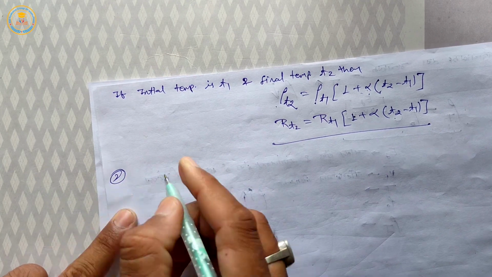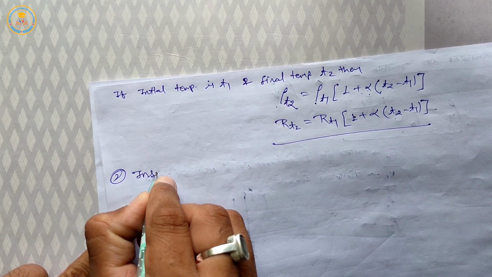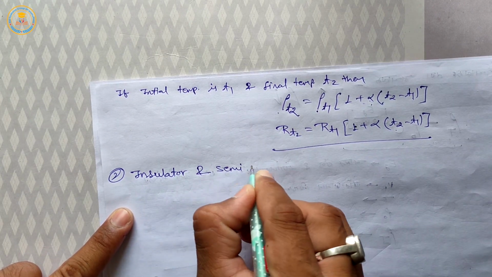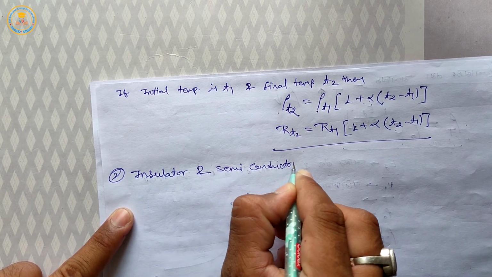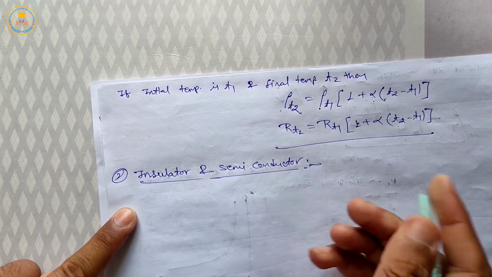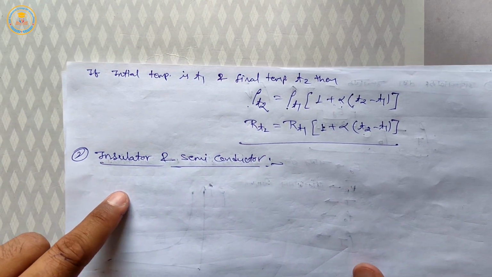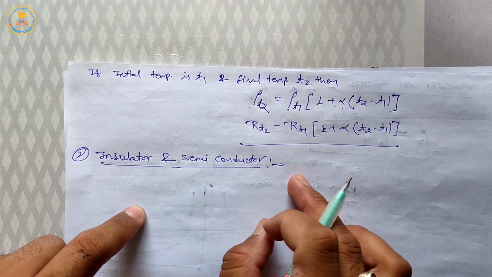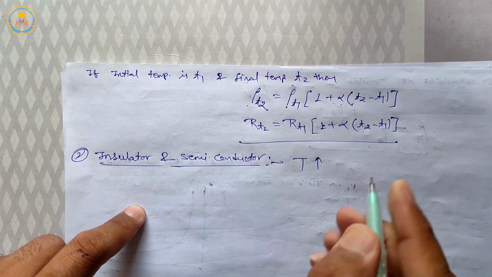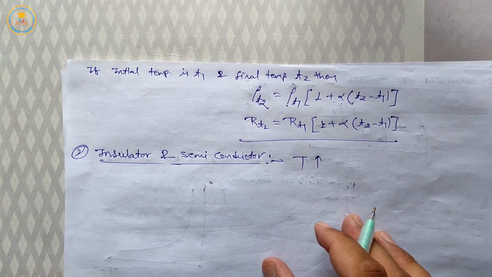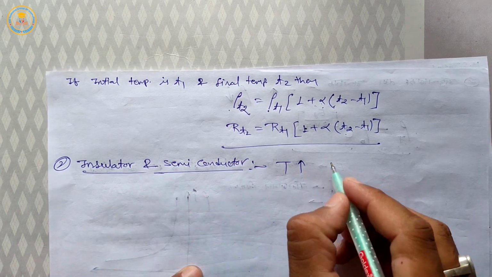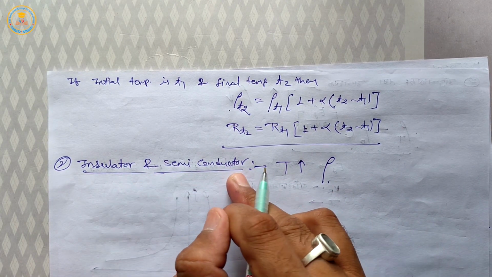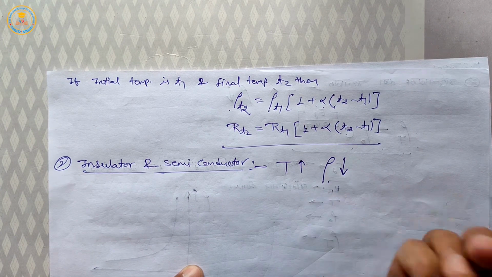Now our second case, for insulators and semiconductors. When we increase the temperature of insulators and semiconductors, then the resistivity of insulators and semiconductors decreases exponentially.